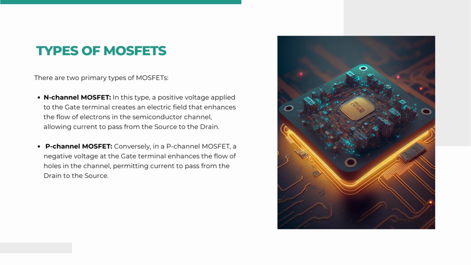The second one is P-channel MOSFET. In a P-channel MOSFET, a negative voltage at the gate terminal enhances the flow of holes in the channel, permitting current to pass from drain to the source.